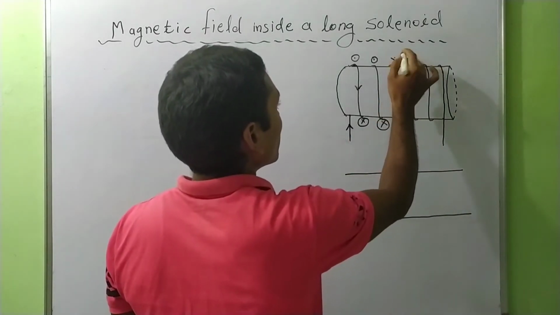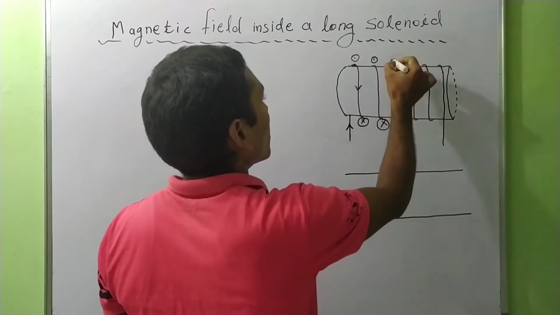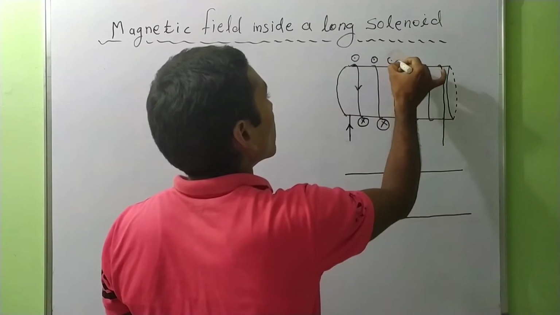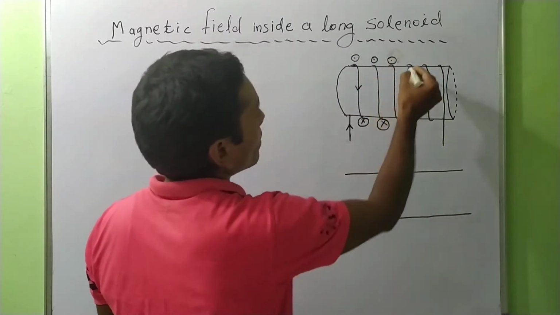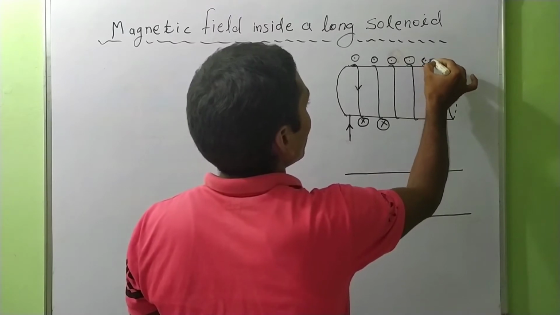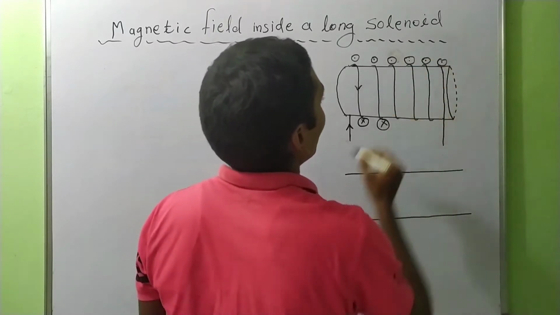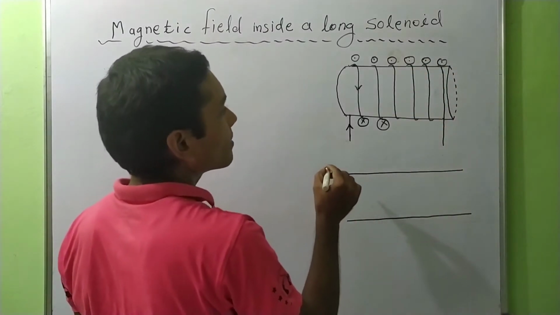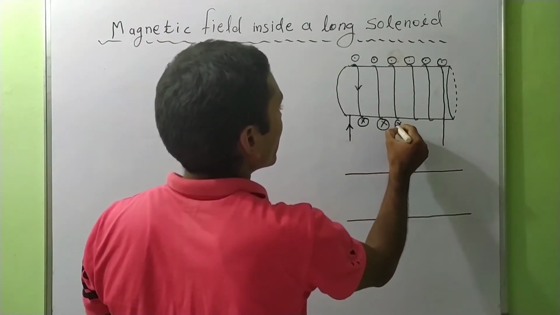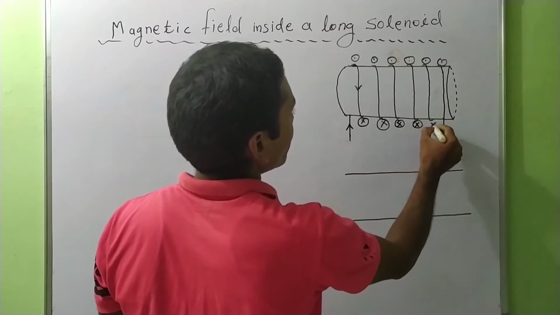So the direction of current on the top of the solenoid will be upward, and the direction of current at the bottom of the solenoid will be inward, like that.